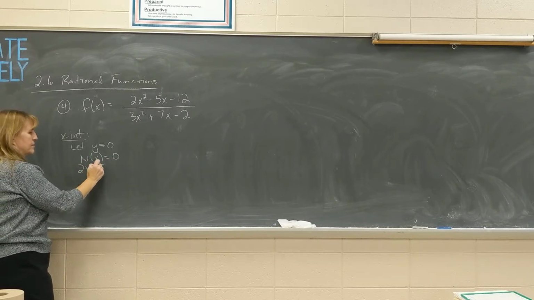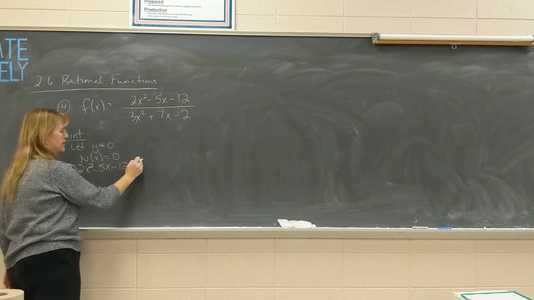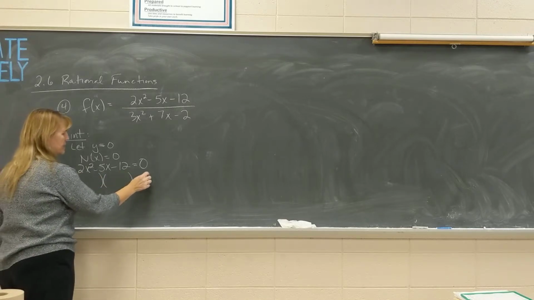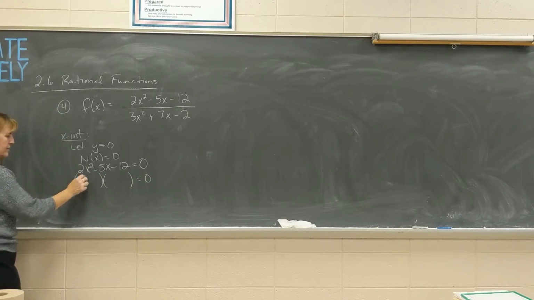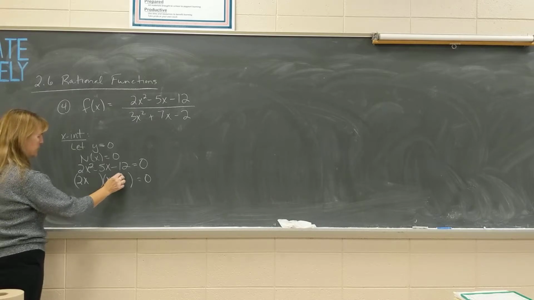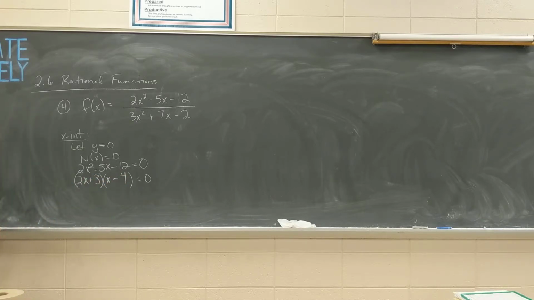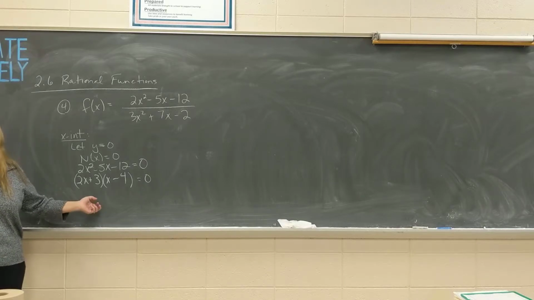So 2x squared minus 5x minus 12 is equal to 0. This happens to factor really nicely. I'm not going to spend the time factoring this with you; I'm simply going to do it. Do this in your own work. Only the answers go in the chart, okay?